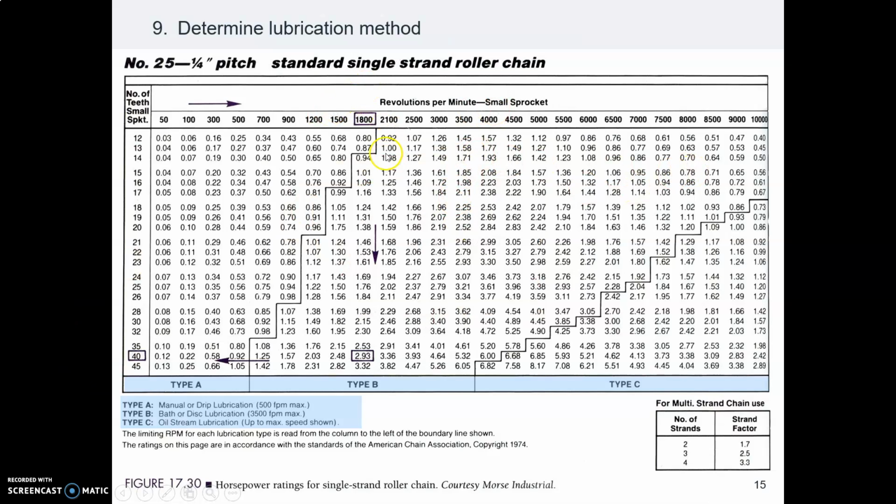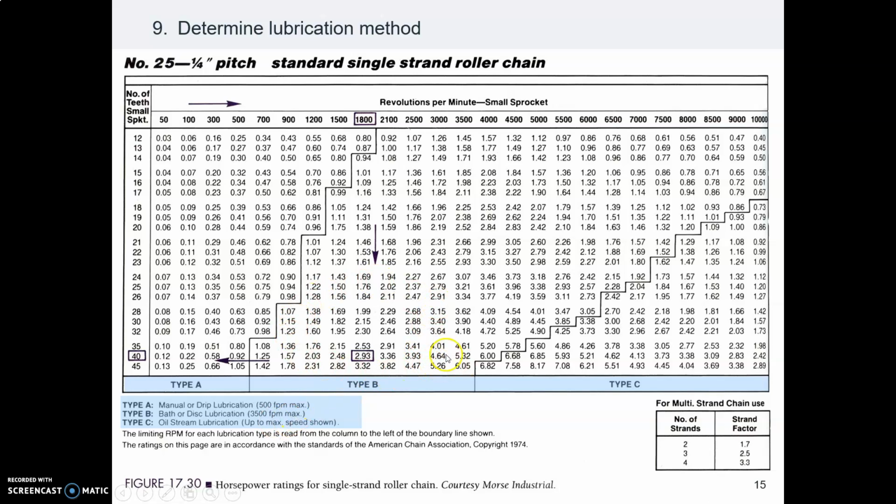let's figure out what kind of oil we need. And here's our horsepower ratings chart. We looked up our 1800 RPM. We came down to a horsepower of 2.93, and notice that in this chart all these horsepower numbers land inside the range that's called type B. Type B is bath or disc lubrication.